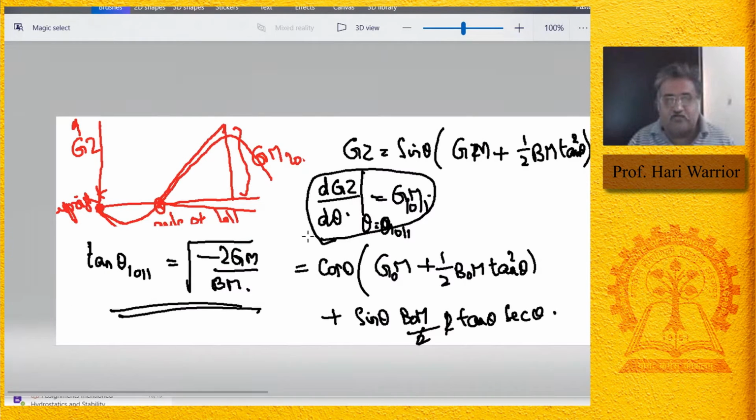Now we want to find dGz by d theta at theta equals theta lol. Let us call theta lol as theta 1. That is how it is generally denoted.